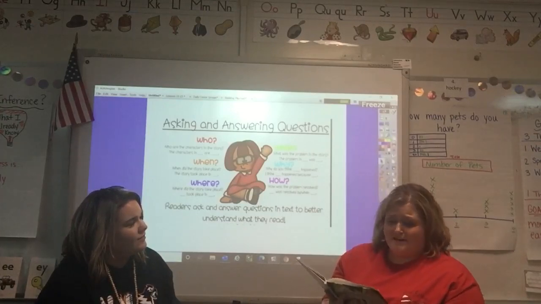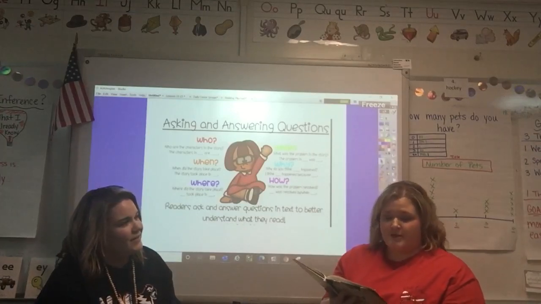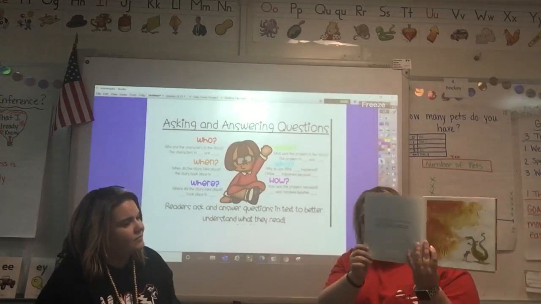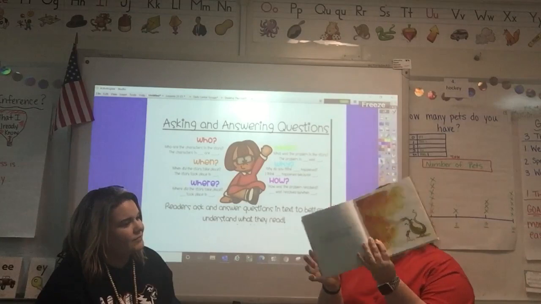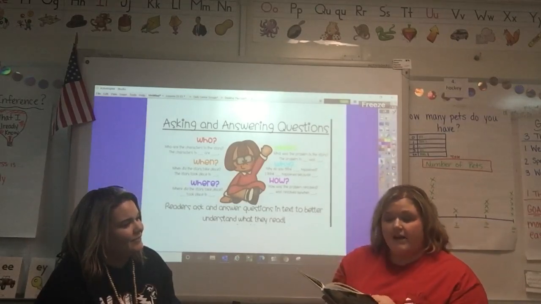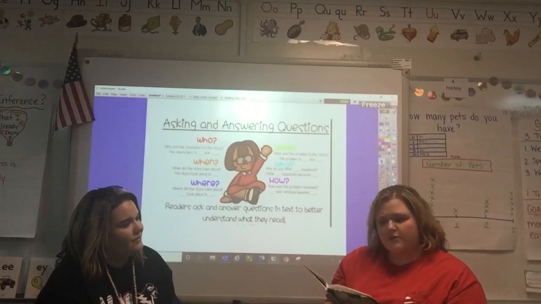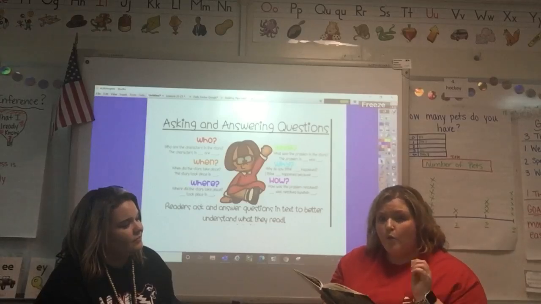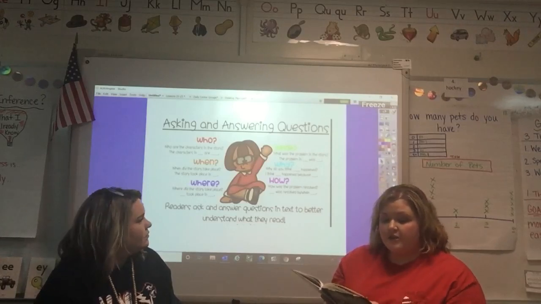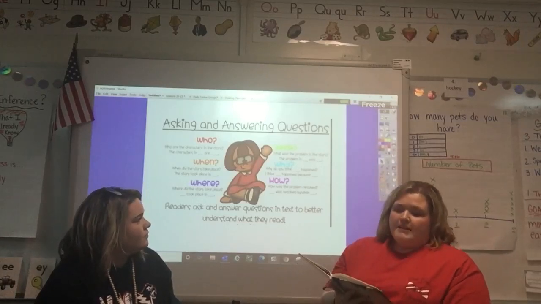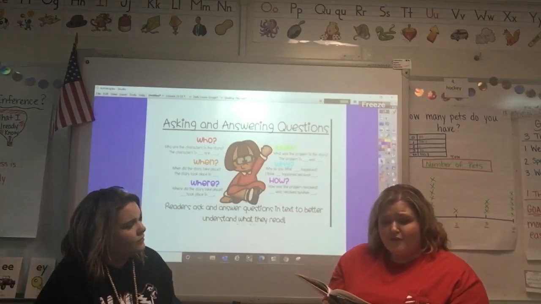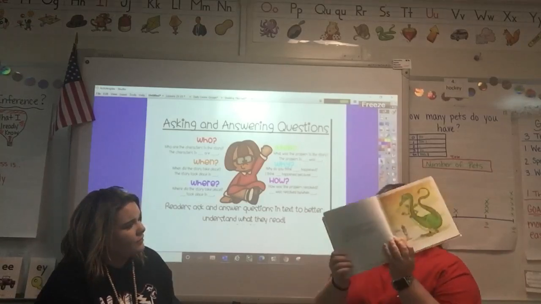"Oh, yes," said the dragon, and he took a huge deep breath, and he breathed out so much fire that he burned up 50 forests. "Fantastic!" And the dragon took another huge breath and breathed out so much fire that he burned up 100 forests this time. "Magnificent!" And the dragon took another huge breath, but this time nothing came out. The dragon didn't even have enough fire left to cook a little bitty meatball.